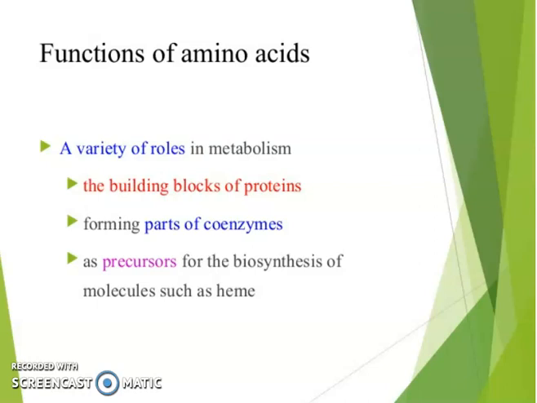Do you know the functions of amino acids? They play a variety of roles in metabolism. First, they are the building blocks of proteins, forming parts of coenzymes and acting as precursors for the biosynthesis of molecules such as heme.